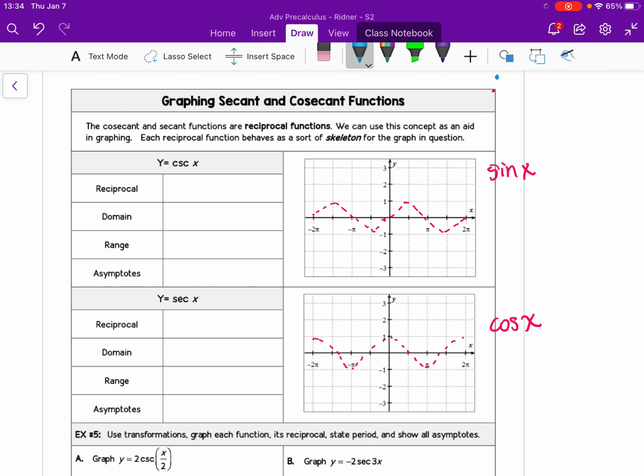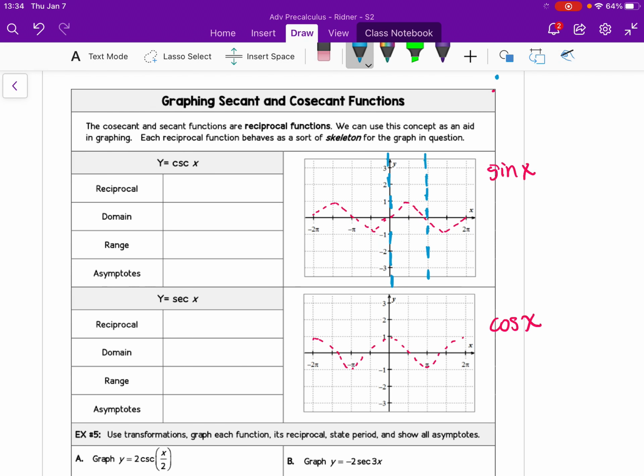If I am looking at cosecant first, I need to know all the places that are undefined. Scrolling back up to the top, the undefined places are at 0 and pi.